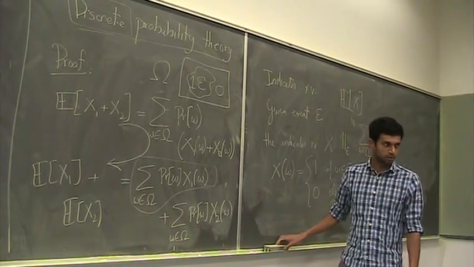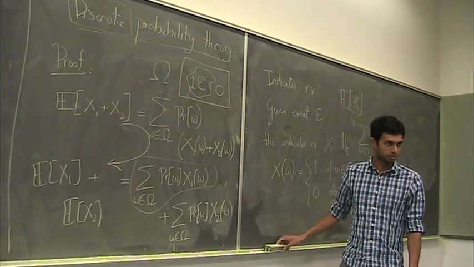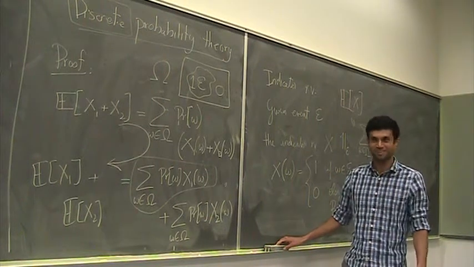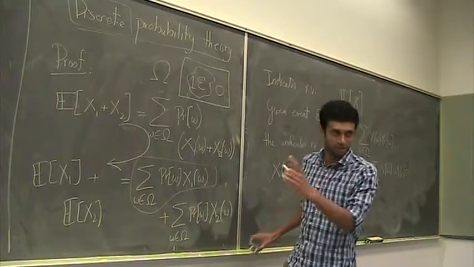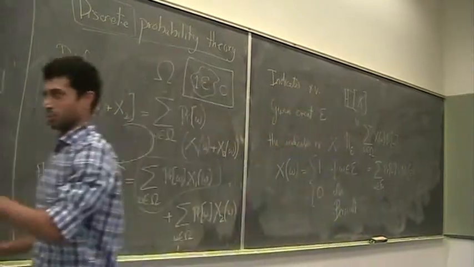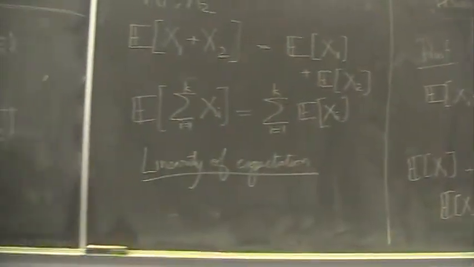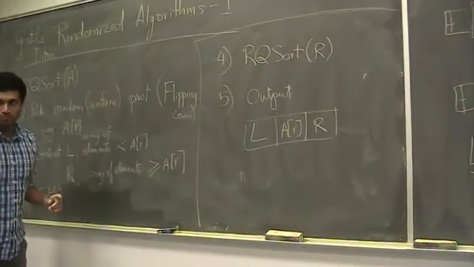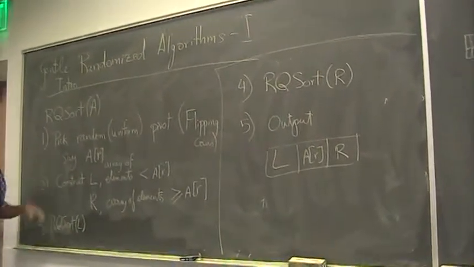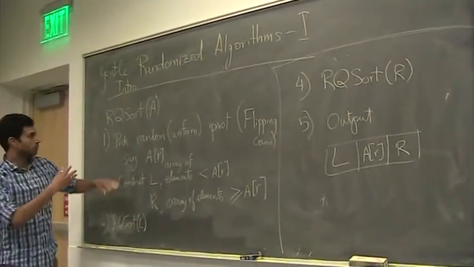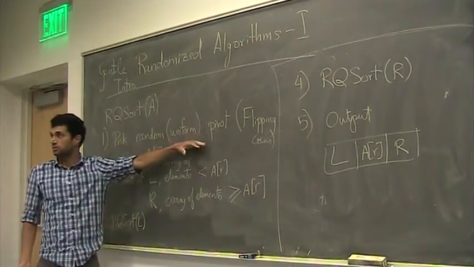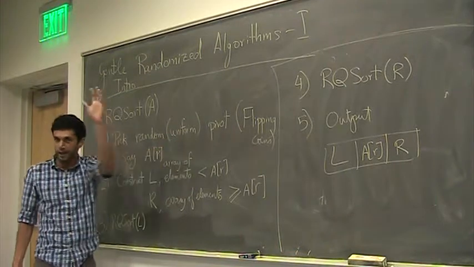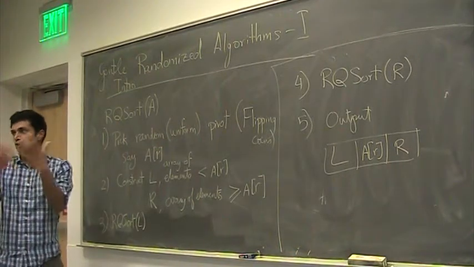Okay, now let's come back to Quicksort. Now we've learned all of the stuff. We've digested everything. We know what it means. Let's do Quicksort. So let's come back to randomized Quicksort. We agreed, what is the space of outcomes? It's all the pivot choices. Right? For any fixed pivot choice, you have a running time.